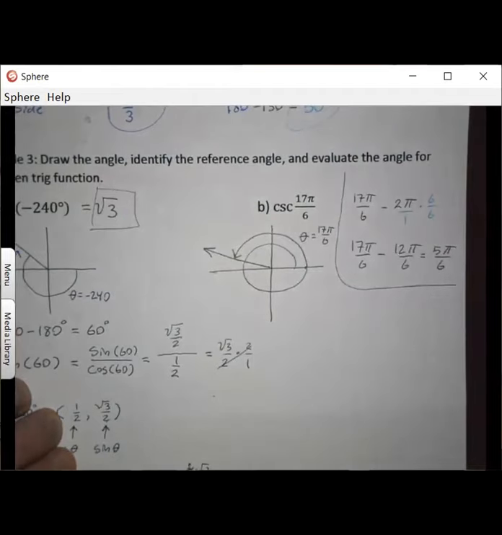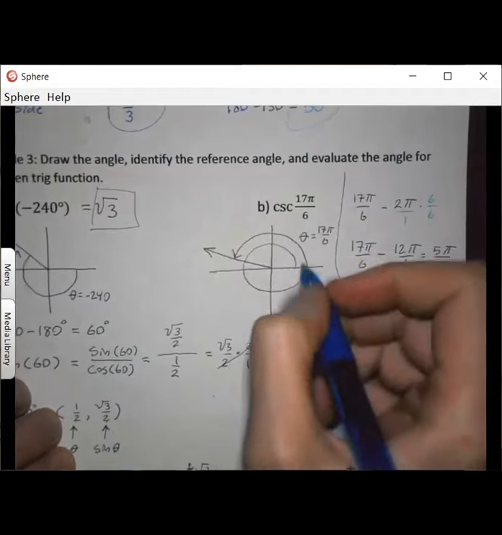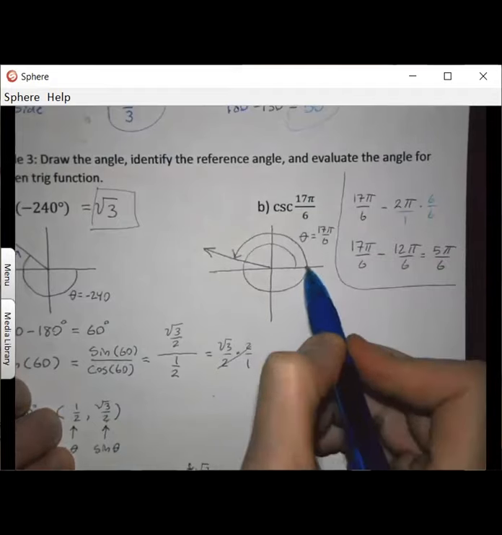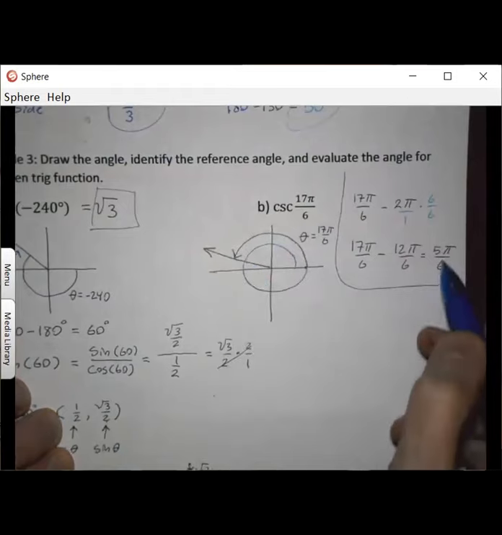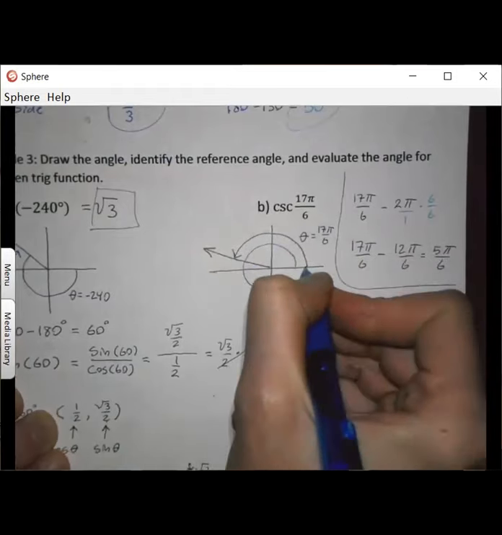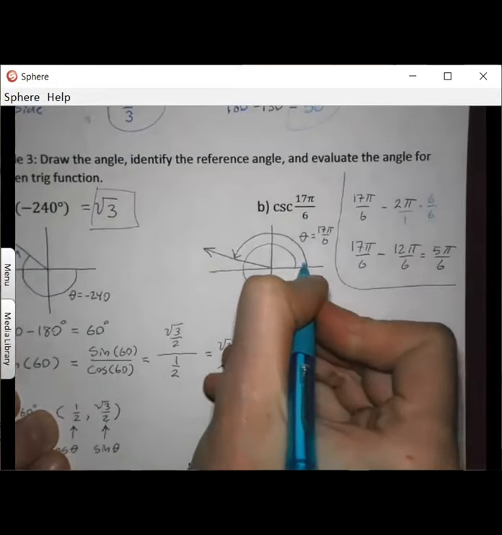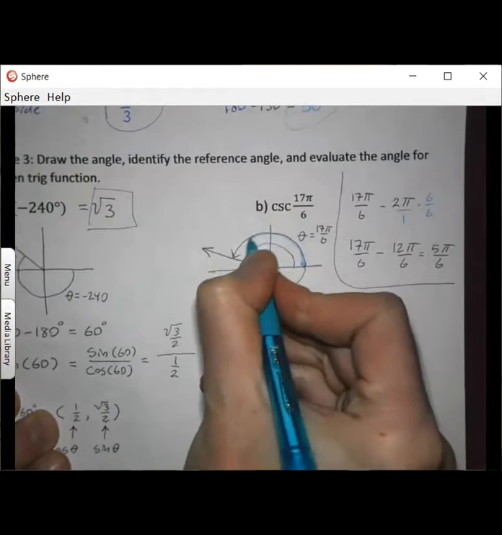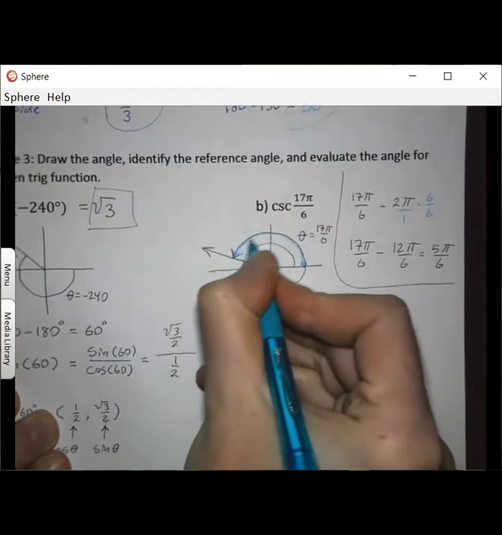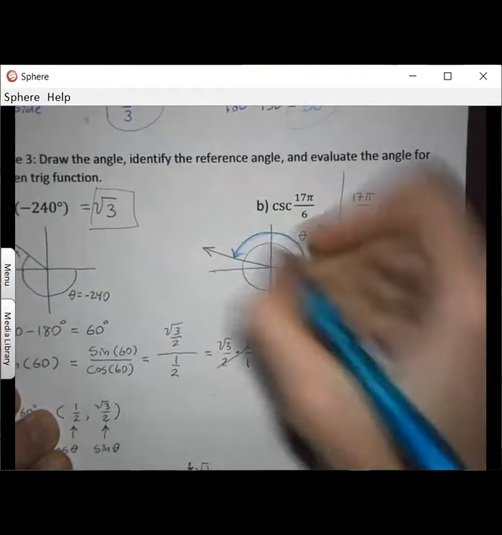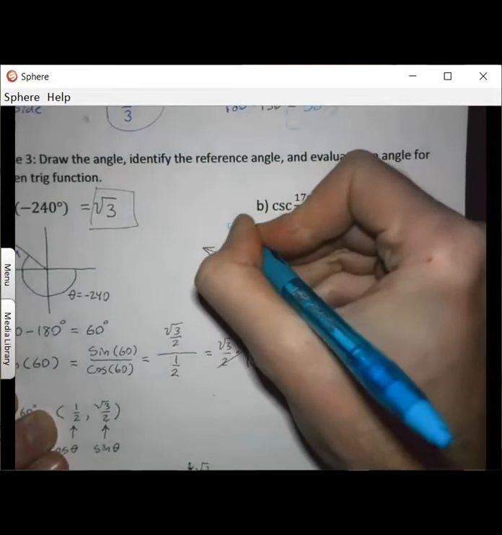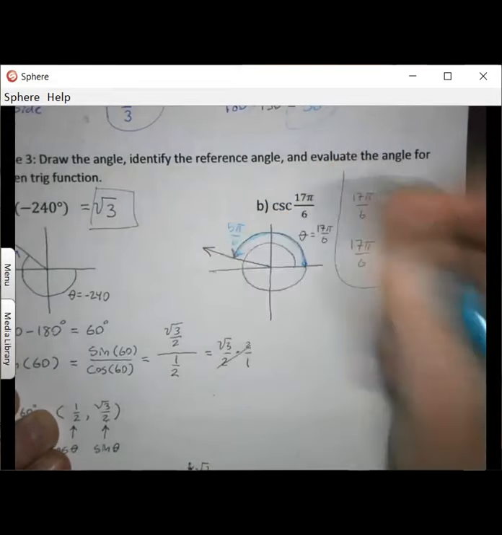Now, we already found that just from here to here is 5 pi over 6. So just from there to there would be 5 pi over 6.